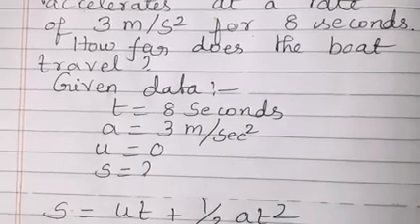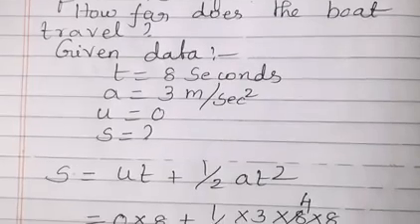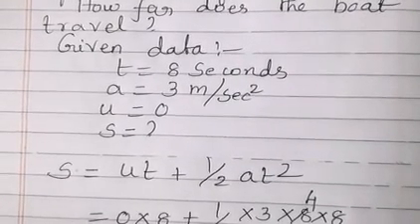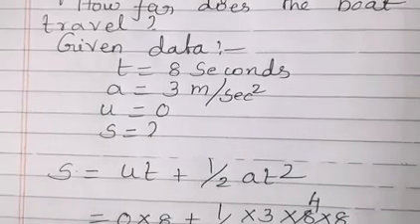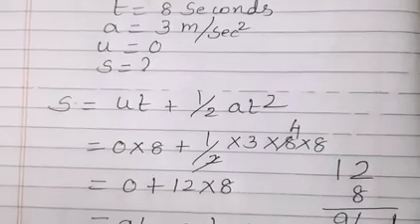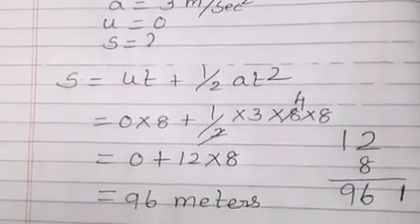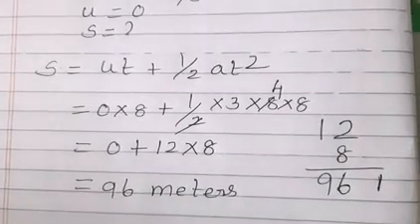Which formula can we choose for it? We can't choose the first one because we are asked to calculate s. The second and third we can choose. I have chosen the second one, that is s is equal to ut plus half at square.